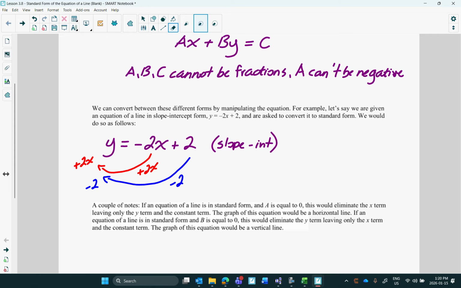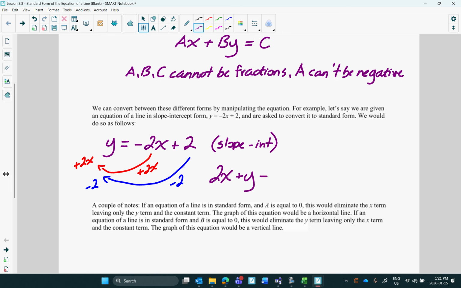So what does it look like on this side when I have all three of these? Well, start with the x term, so it's 2x. Then the y term, which is just plus y. And then when we brought the 2 over, it became minus 2.